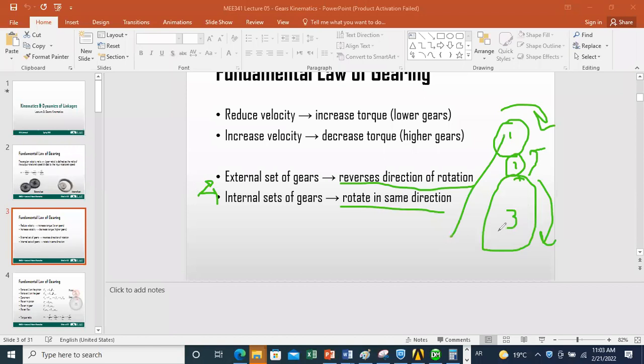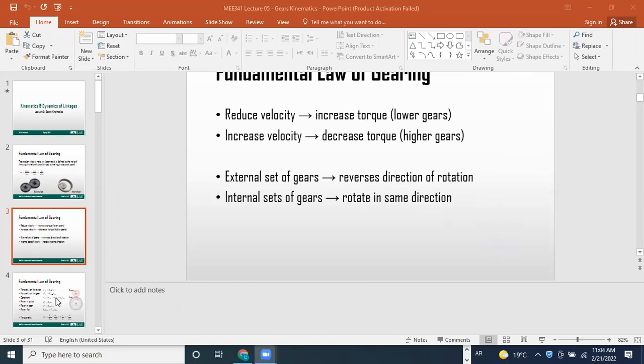So in total, 1 and 3 will have same direction for the angular velocity. So we say that whenever we have external set of gears, if the number of gears is odd, then we have same direction of rotation. If we have a number of gears even, then it will be opposite directions.